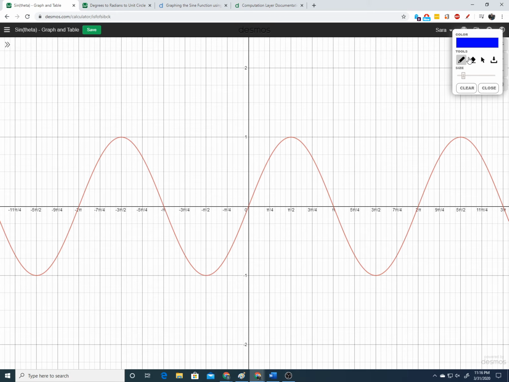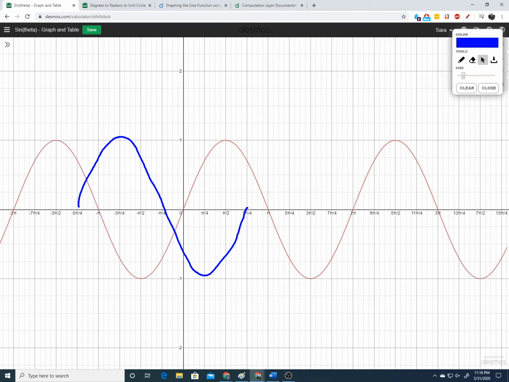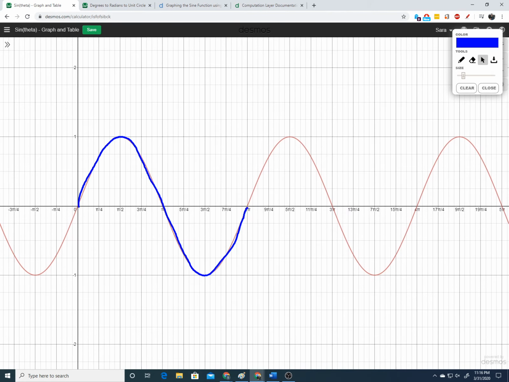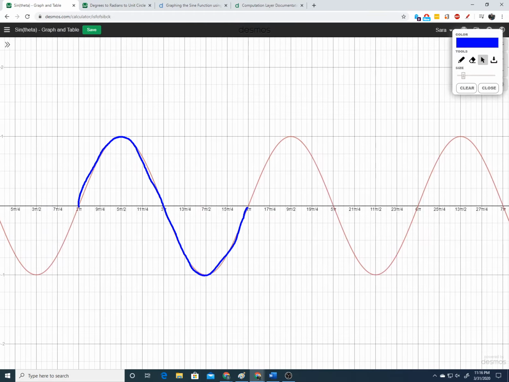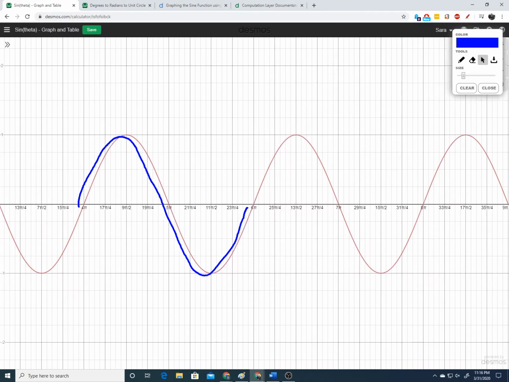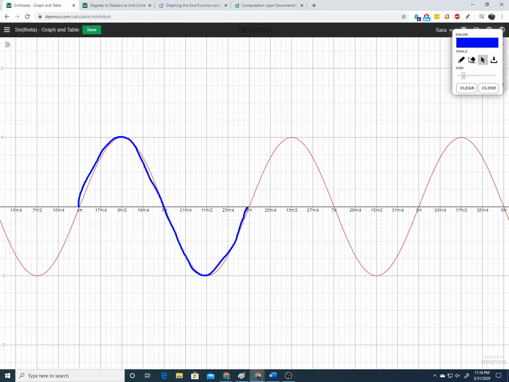And by repeating, I mean that I could draw the function in somewhere. And then, let's try that. I could move either what I drew or I could move the graph itself, and I see the exact same pattern repeat over and over and over again.